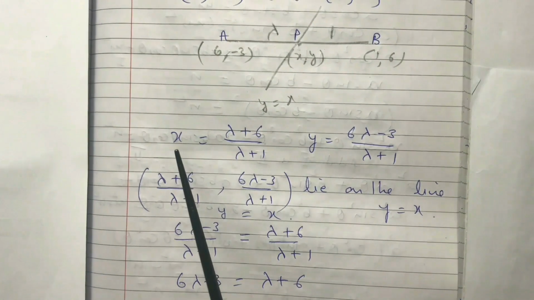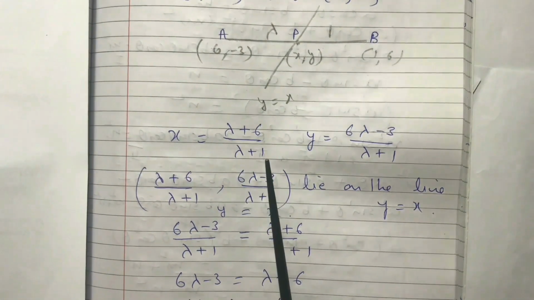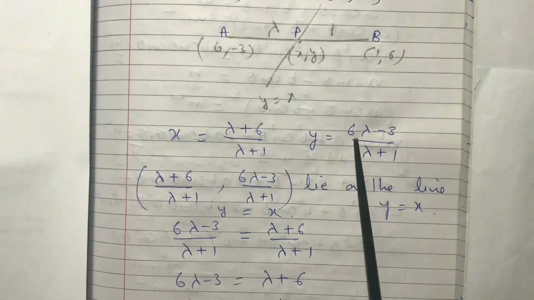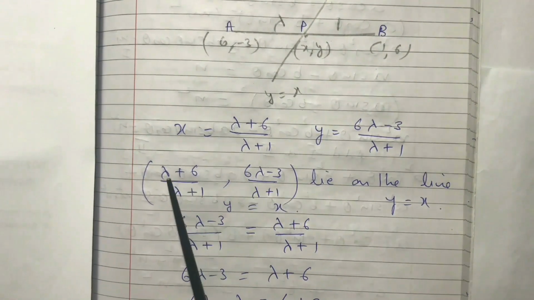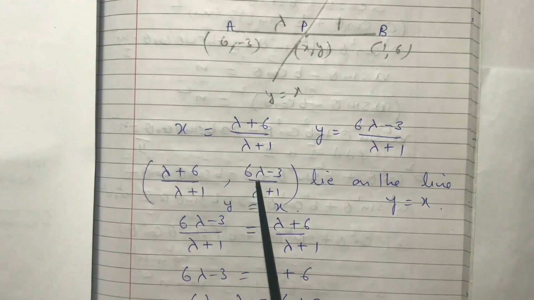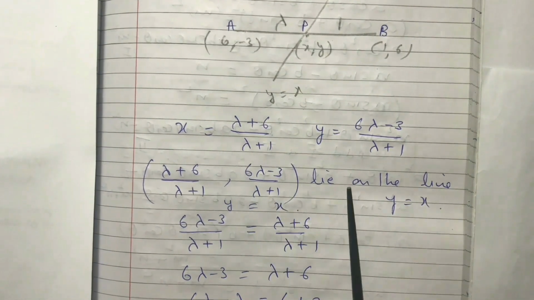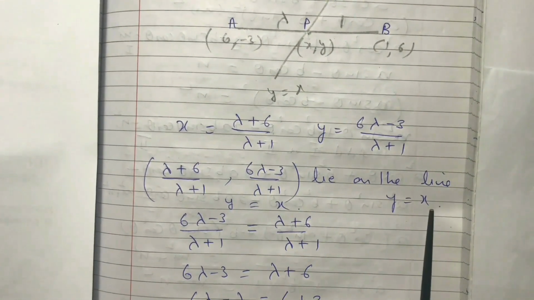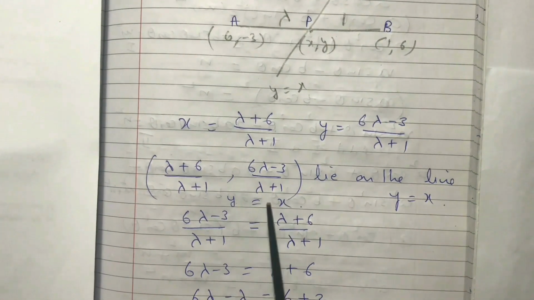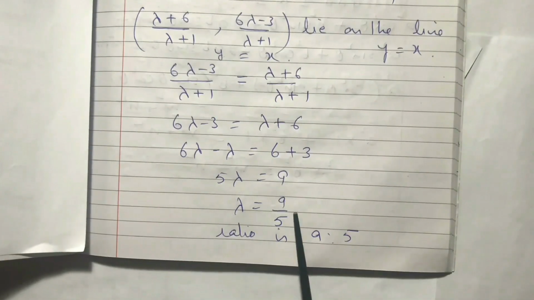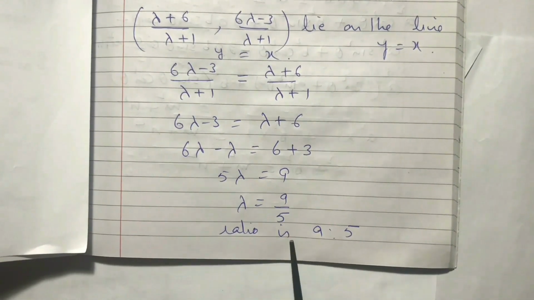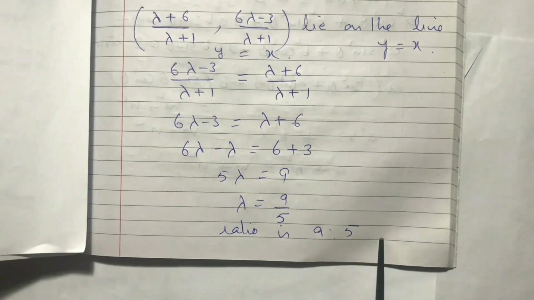So x will come out to be (lambda plus 6) upon (lambda plus 1) and y will come out to be (6 lambda minus 3) upon (lambda plus 1). And this point lies on the line y is equal to x. So y is equal to x, substitute the values and here you will get the value of lambda 9 by 5. So the ratio is 9 to 5.